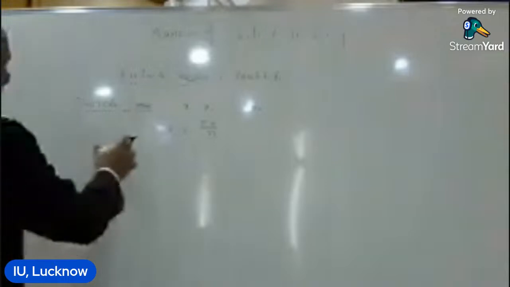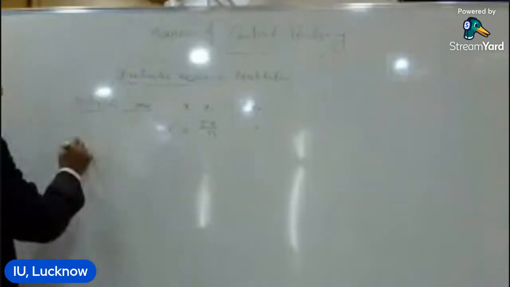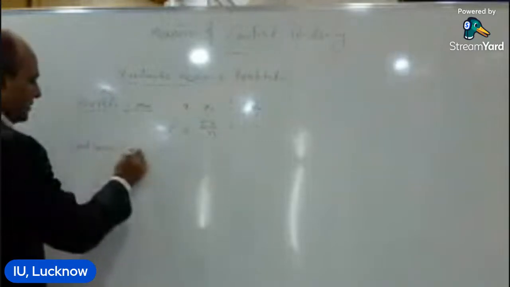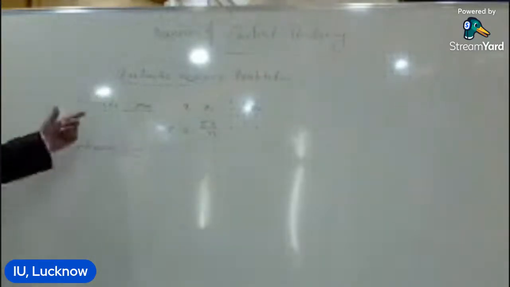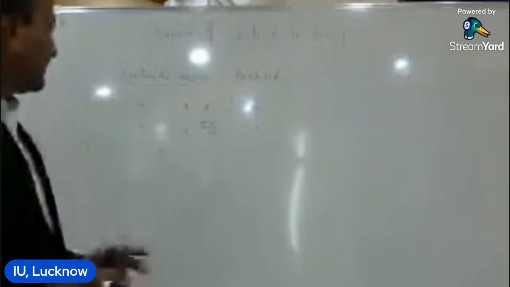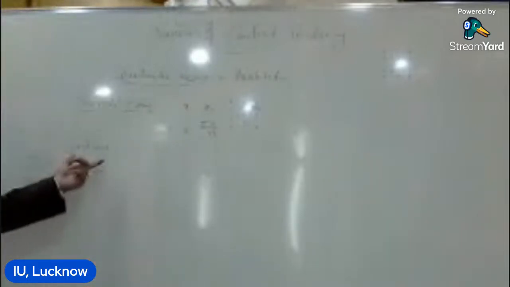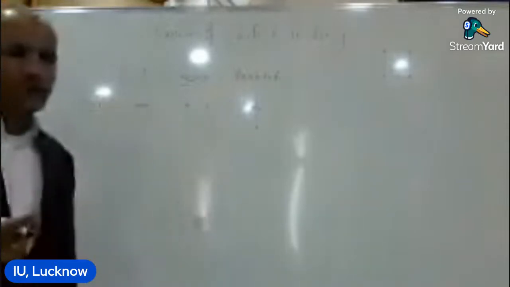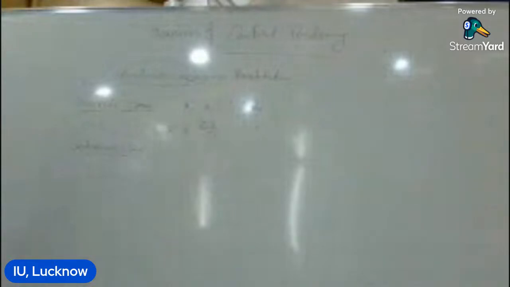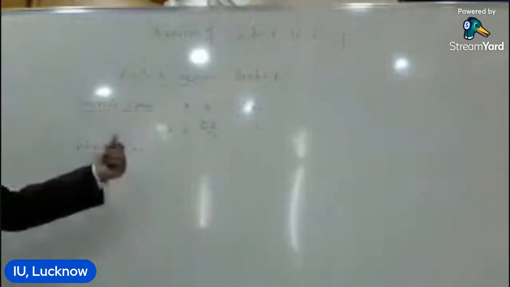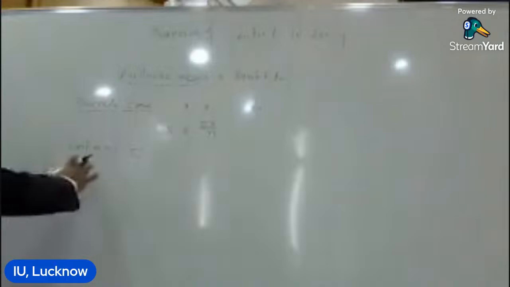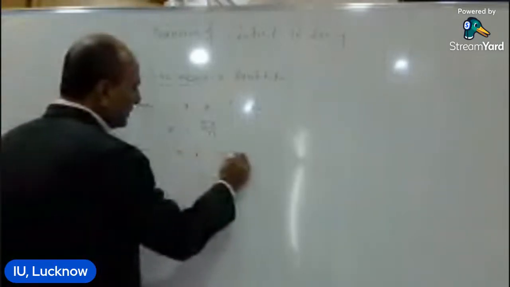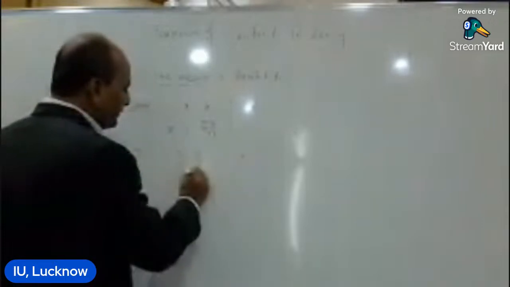In the continuous case: discrete means we have a set of observations like individual values, and continuous means we classify and arrange these discrete values either into frequency form or class intervals. So in the continuous case, the data are given like x1, x2, ..., xn with their frequencies f1, f2, ..., fn.